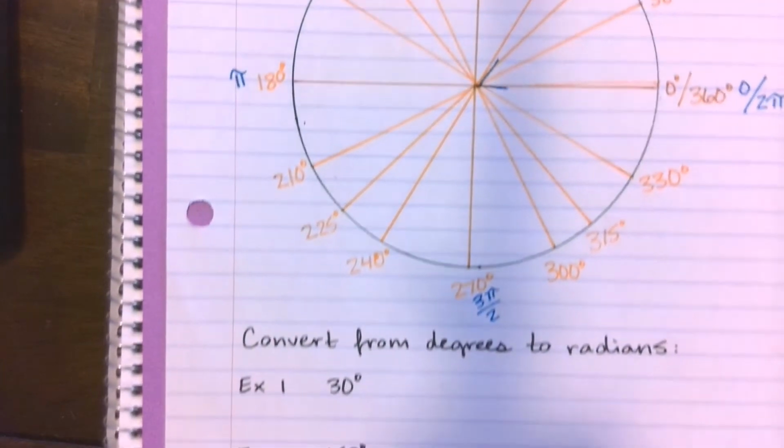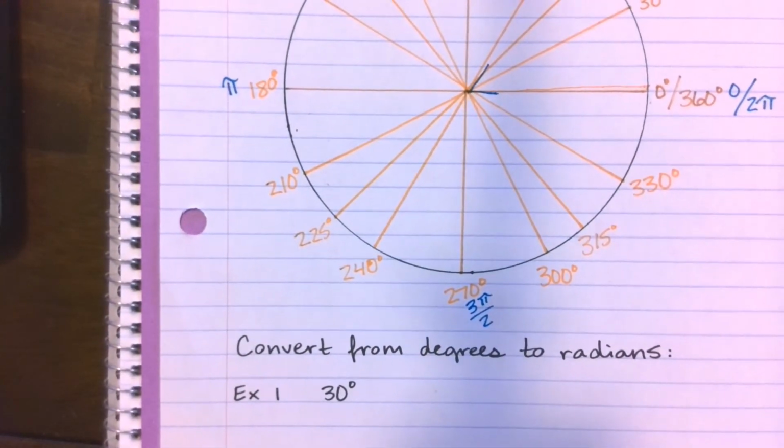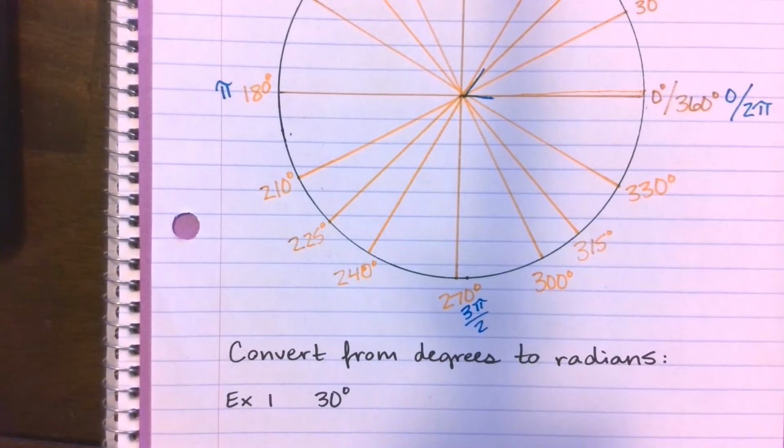So if we're going to convert from degrees to radians, we're going to look at some examples here. And after we go through these, you really should be working to memorize them, but we're going to go through how you would convert them if you didn't have it memorized. So anytime we're converting from one unit measure to a different unit, so perhaps inches to feet, I'm just going to use a unit ratio.